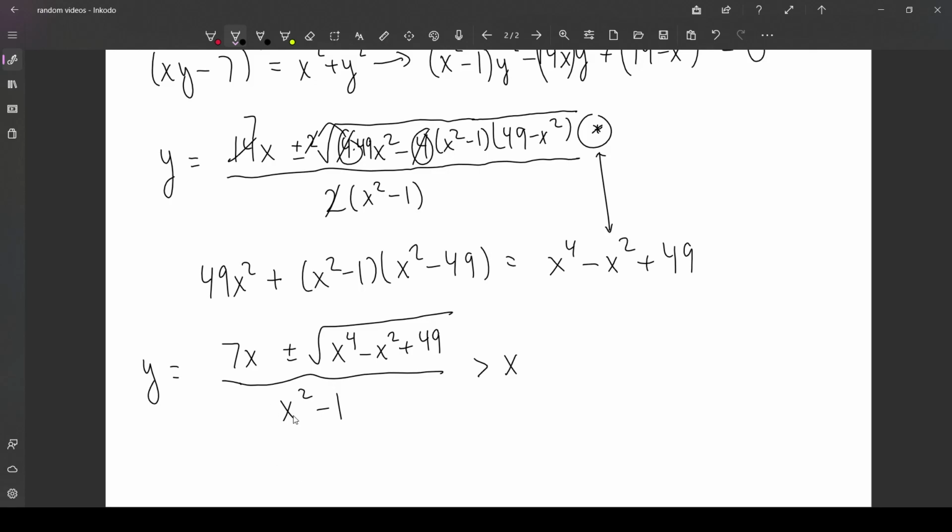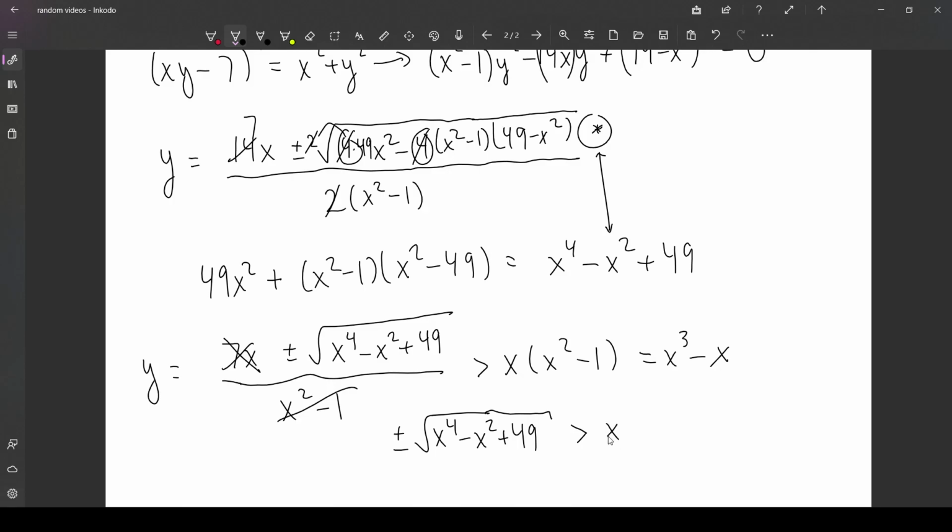Now, x is greater than 2, so x squared minus 1 is surely positive, so we can multiply by x squared minus 1 on both sides, and then subtract, so this is going to be x cubed minus x, and then subtract 7x, and so then what we get is plus or minus the square root of this discriminant has to be greater than x cubed minus 8x.